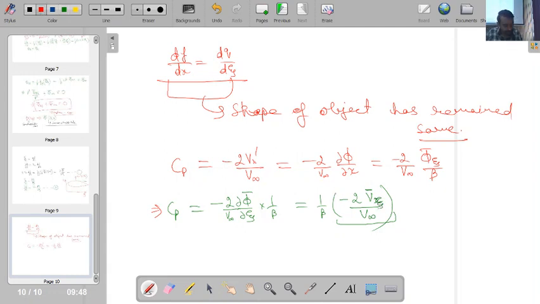What is this term, this entire term? This is identical to pressure coefficient in zeta eta plane. So I can say that this is some pressure coefficient Cp naught over here. Here this is nothing but the pressure coefficient in zeta eta plane.